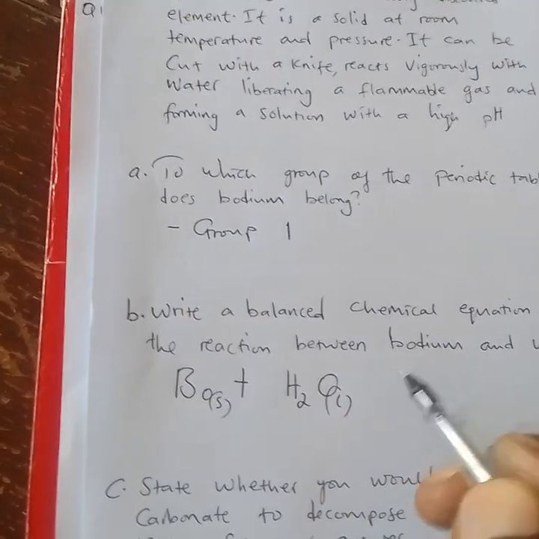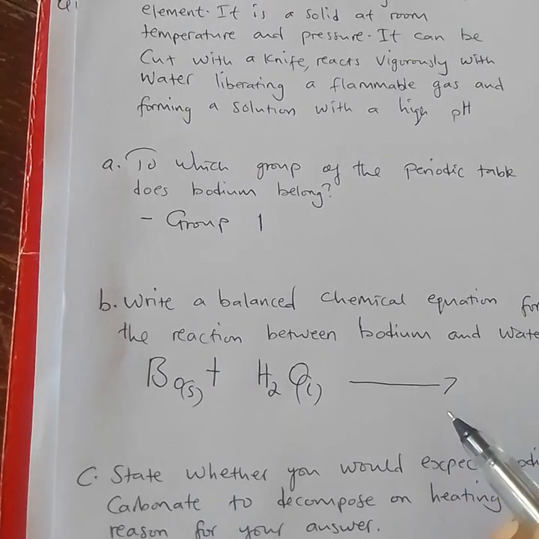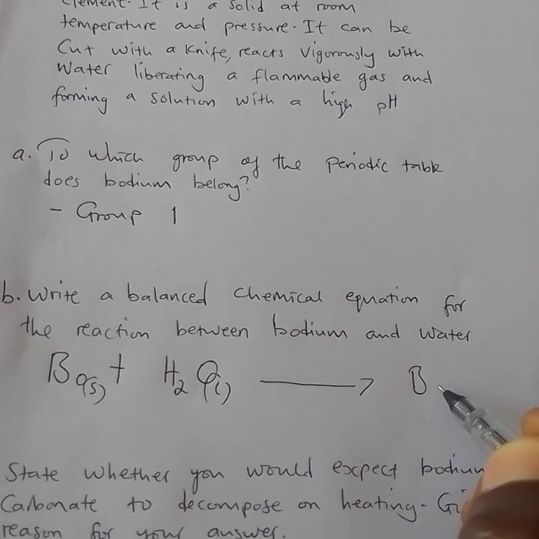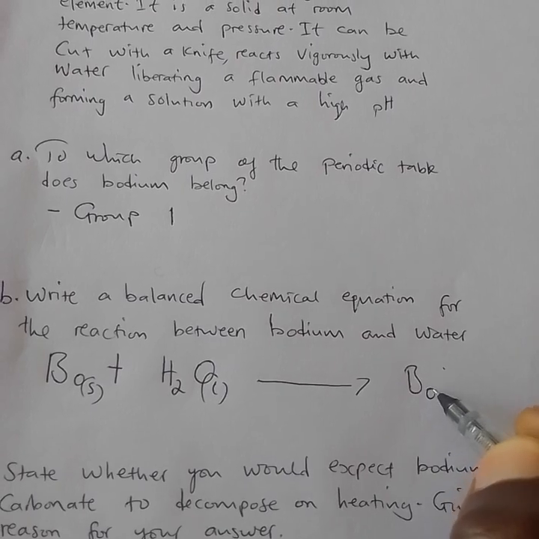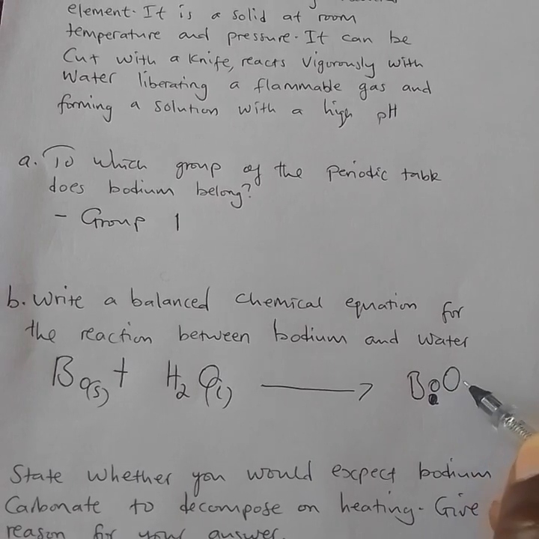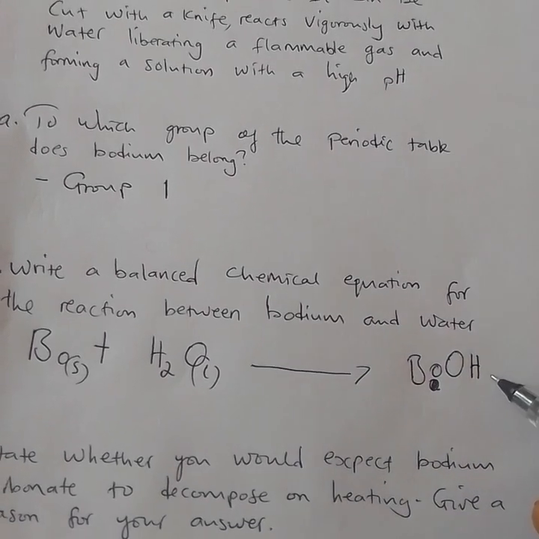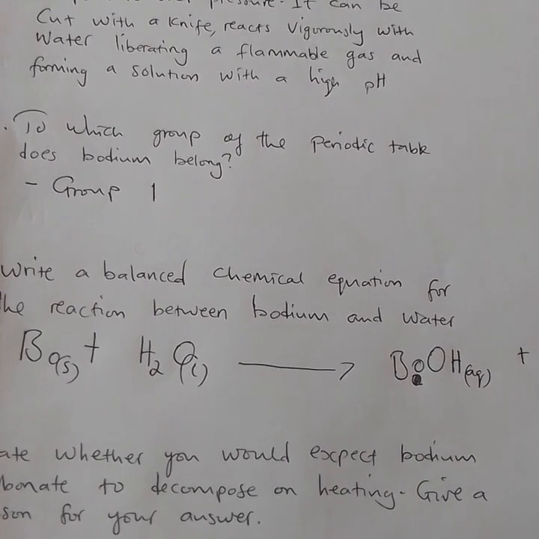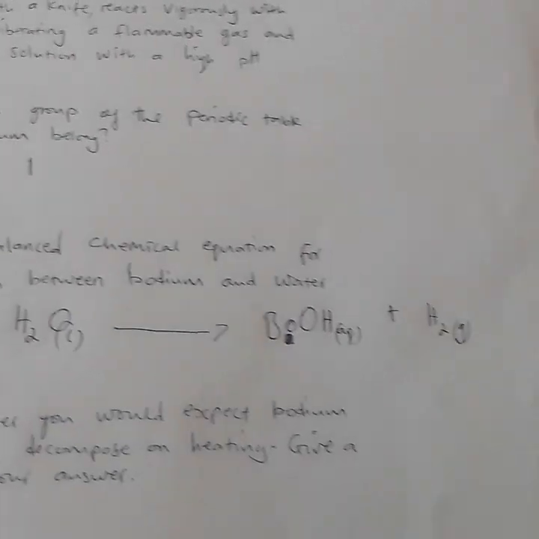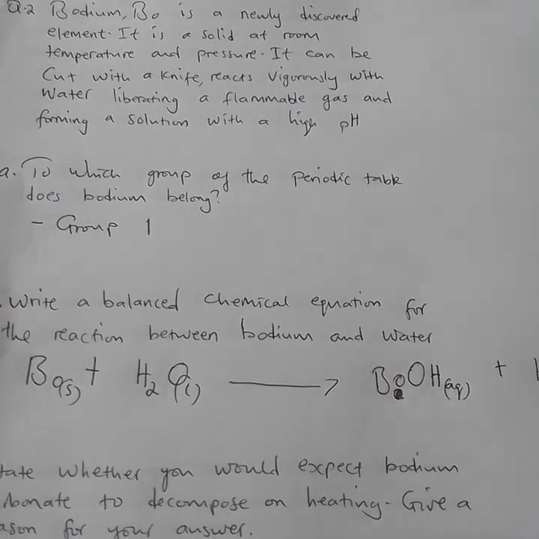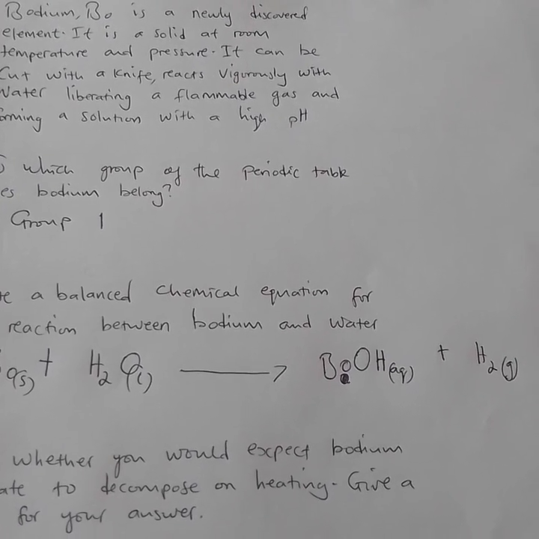Since it has to do with something like OH, this will give me bodium hydroxide, aqueous, plus hydrogen gas. So I have bodium plus water giving me bodium hydroxide plus hydrogen gas.